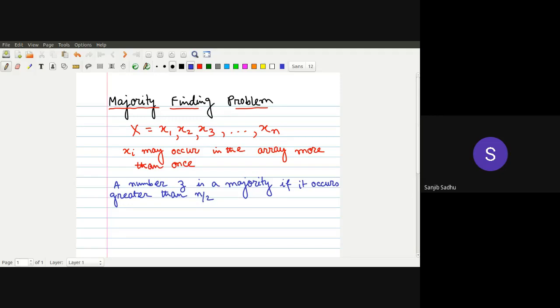Okay, greater than n by 2. If it is so, then we will call that element z the majority element.